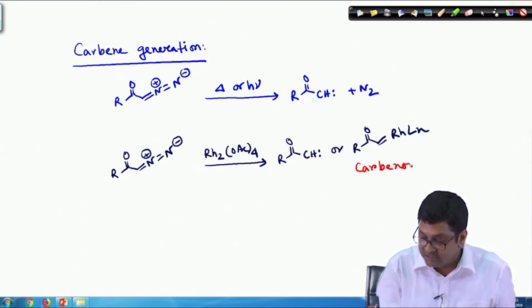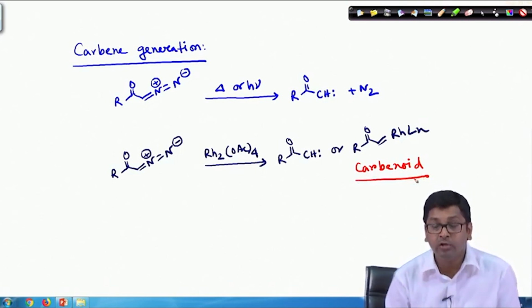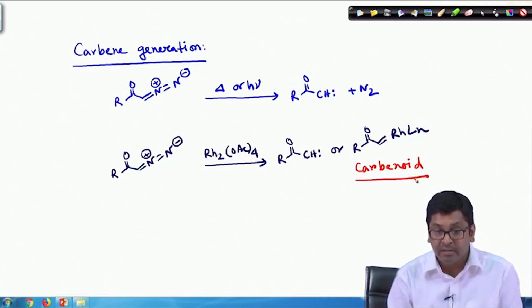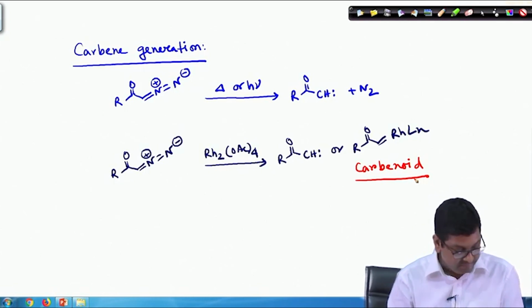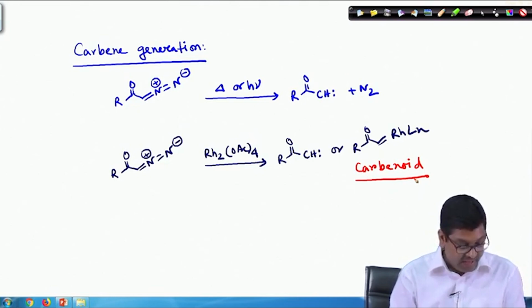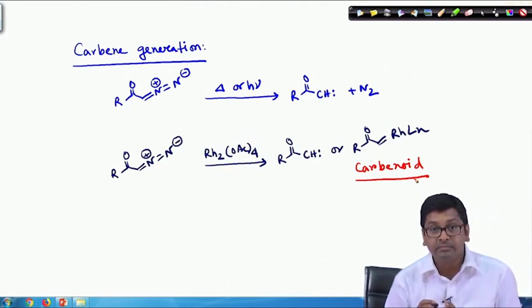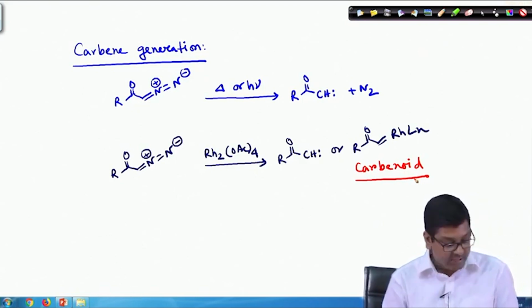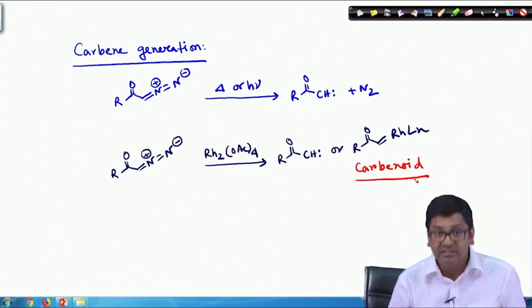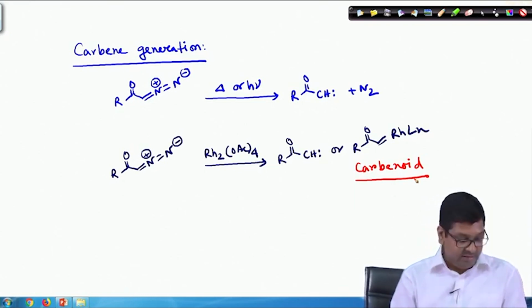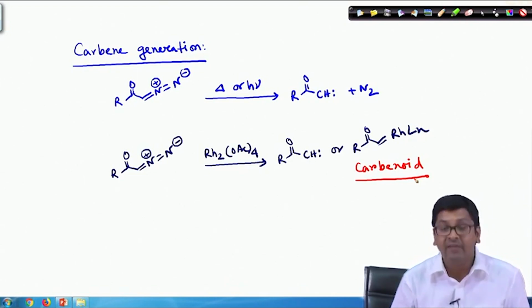in another term, this is called carbenoid. So, what is carbenoid? Carbenoid is also a similar type of species like carbenes, but in that case it is actually partially bound to other atoms. Okay. So, carbenoids are species that also react in a similar mode like carbenes, but in general they are partially bound to some other atoms.